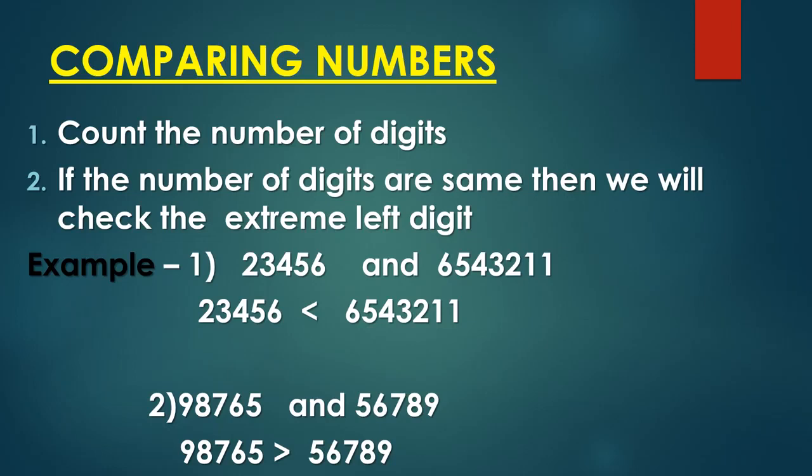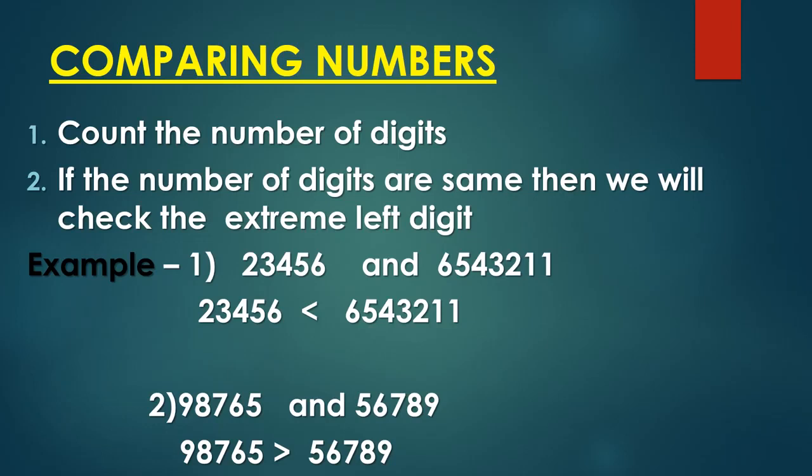Now see the second example. In this example, in both the numbers, number of digits are equal. First is 98,765 and second is 56,789. In both the numbers, number of digits are 5. So what I told you, that if the number of digits are same, then we have to check the extreme left side.